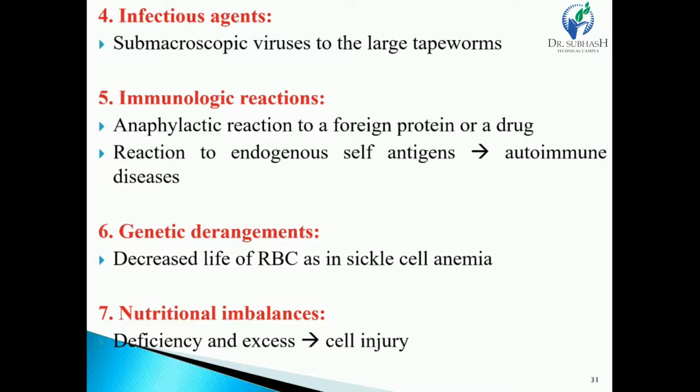It protects the host against various injurious agents, but in many cases it also turns lethal and causes cell injury. Here we can have an example, that is anaphylactic reactions to a foreign protein or body. In many cases we may have heard about bees, those bees that collect honey. A bee bite can even lead to death.